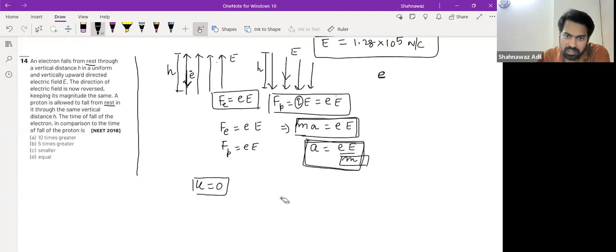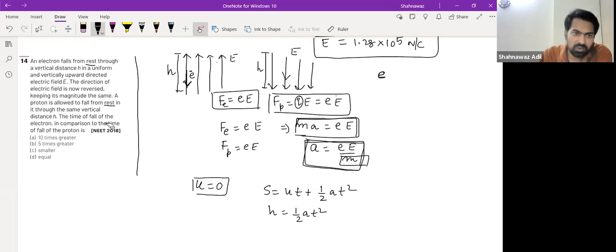What is the second equation of motion? S is ut plus half at squared. Right. So S is h, u is 0. So we only have half at squared.